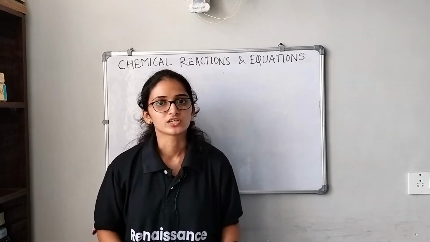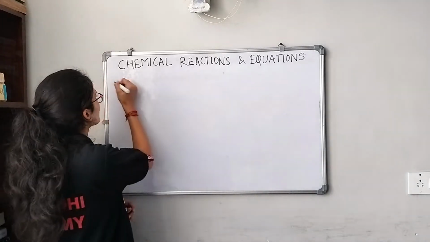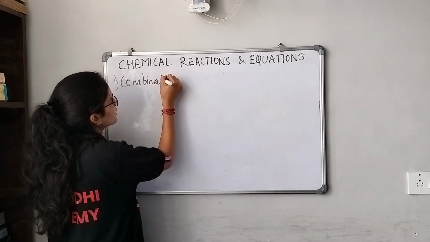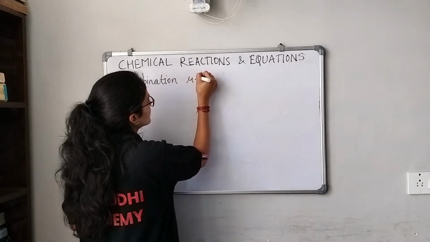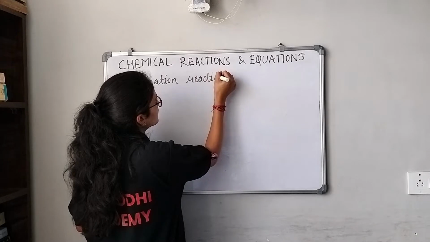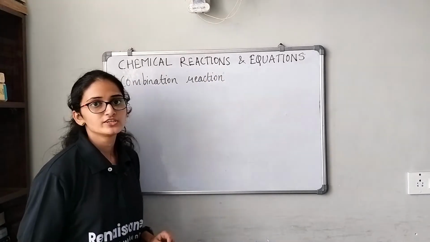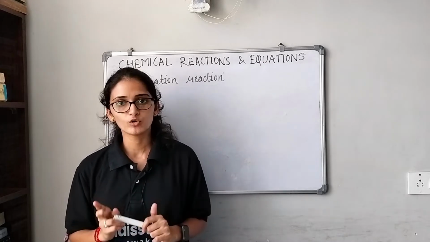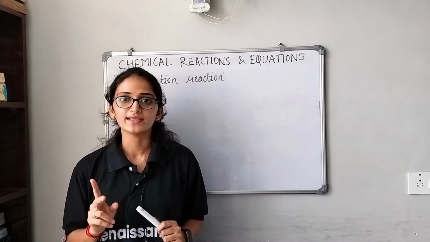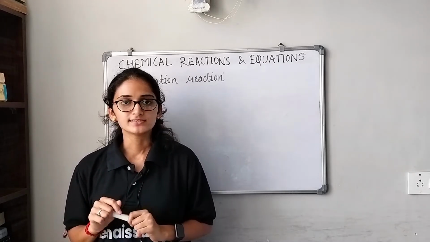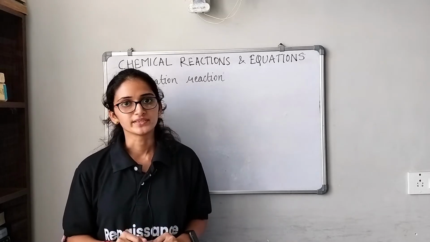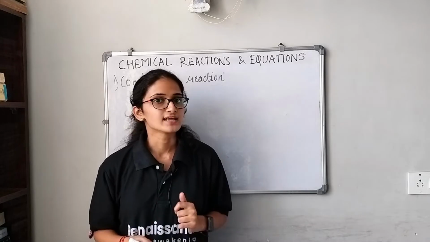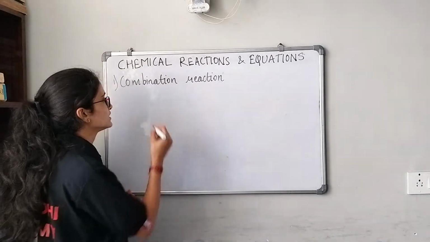So the first reaction that we are going to study is the combination reaction. Now what is a combination reaction? Combination reaction means when two or more reactants combine to give only one single product. Through an example we will see what a combination reaction is.